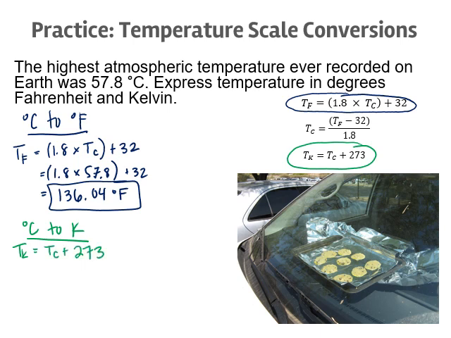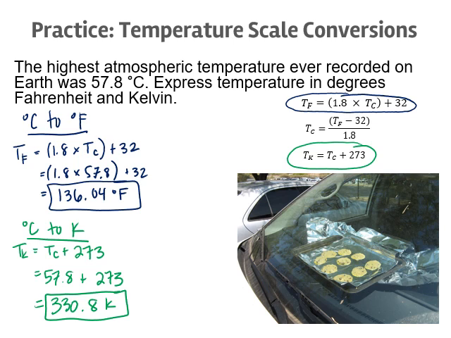And again, some use 273.15. Honestly, it's not going to make that big of a difference. We're dealing with large numbers here, and also for the purpose of this class, we're fine without it. Plug in what I'm given, so that's 57.8 plus 273, which brings us to 330.8 Kelvin.